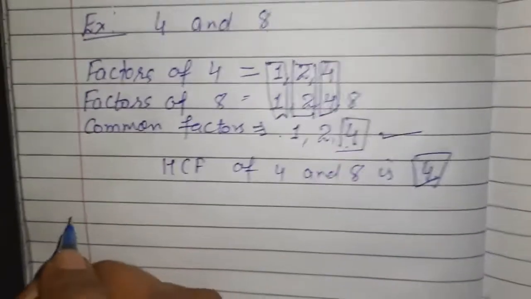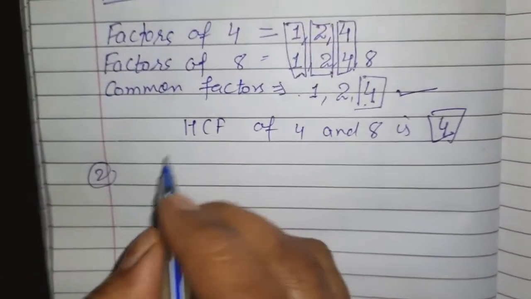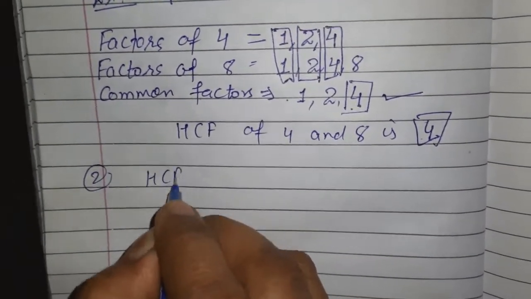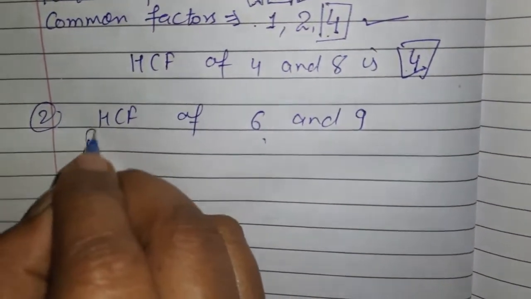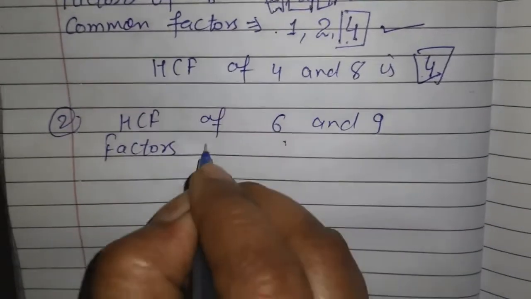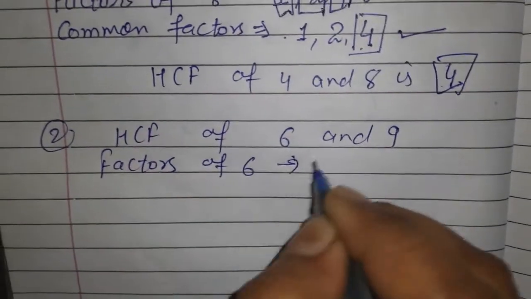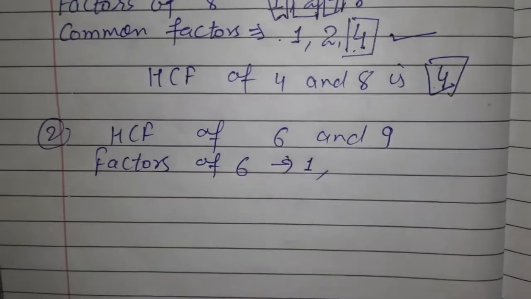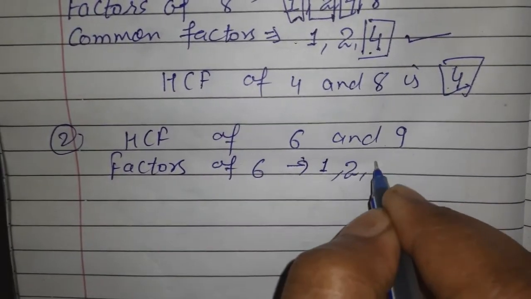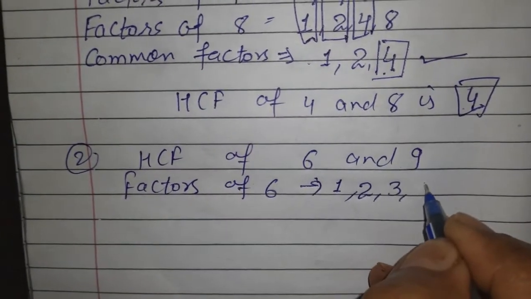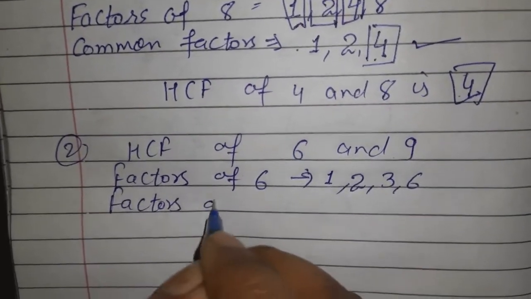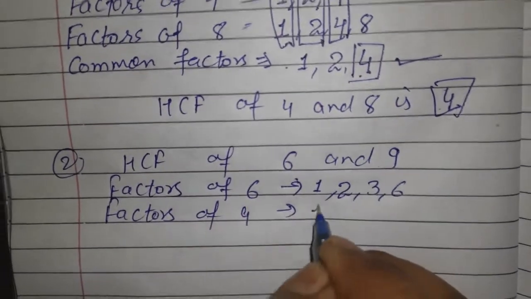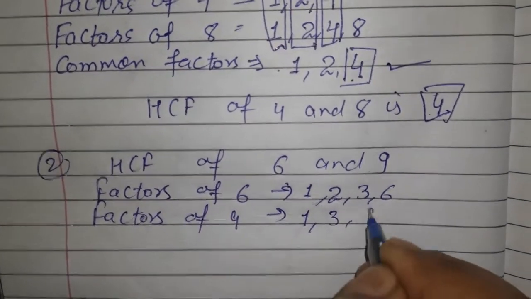One other example I am giving you. What is the HCF of 6 and 9? Write the factors of 6: 1, 2, 3 and 6. Factors of 9: 1, 3 and 9.